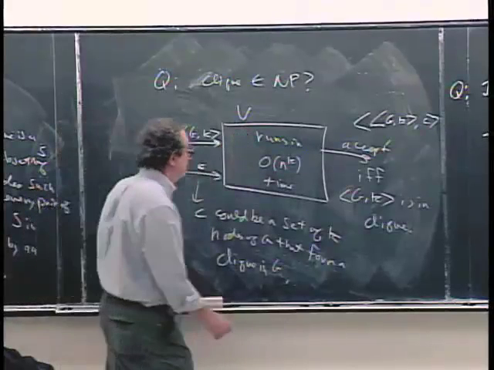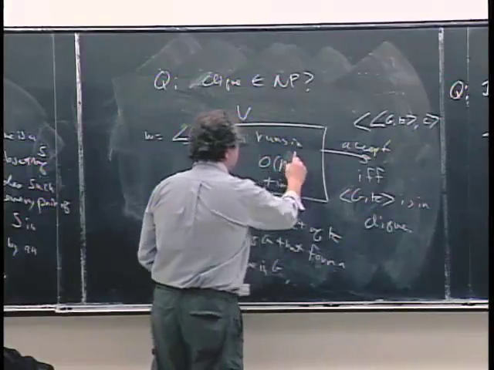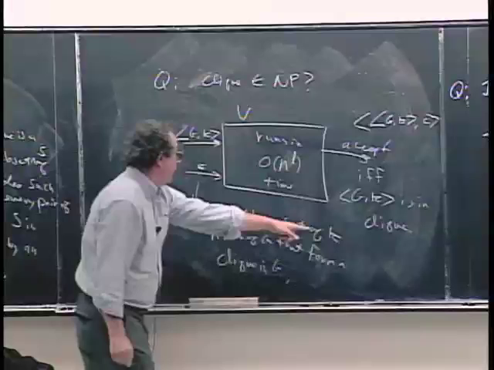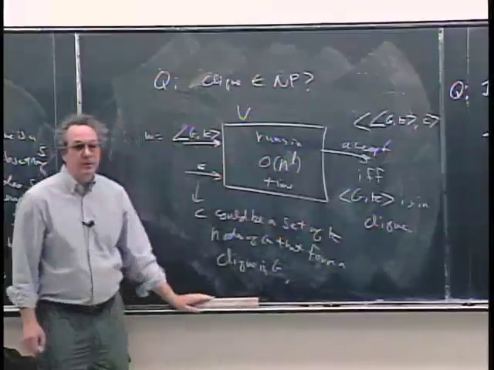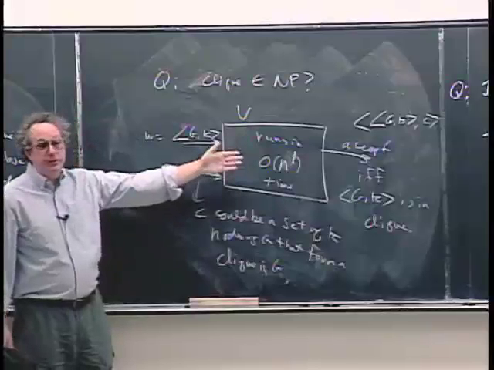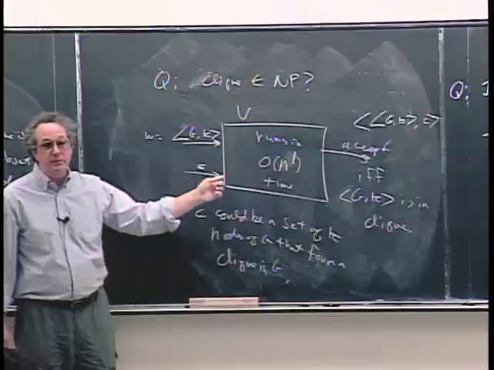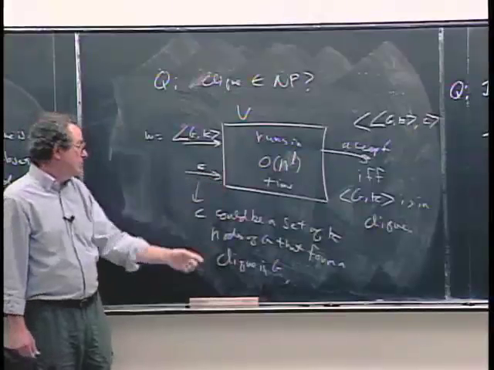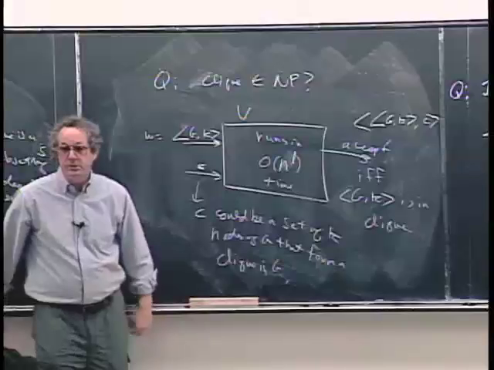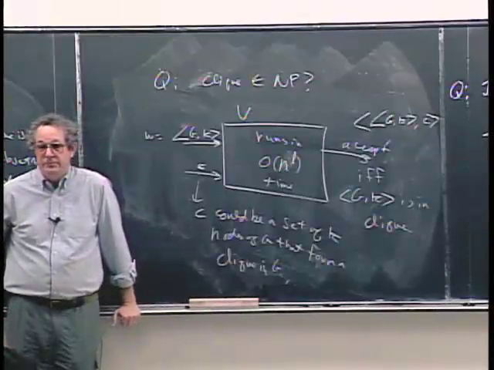I have too many k's. This is running time. This k came from this k. So I'm just saying this is rather trivial. It's trivial to show that this is in NP because there's this very natural hint, which is in fact a proposed or a claimed set of nodes, which is a clique.